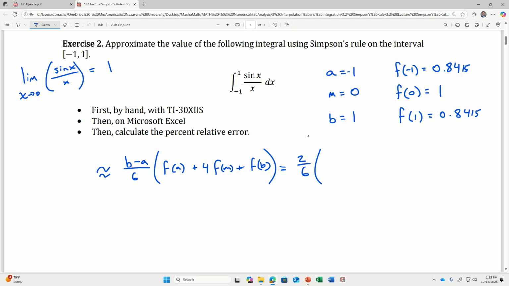And then that's going to be 0.8415 plus 4 times 1 plus 0.8415. So we take 0.8415 times 2 plus 4 and then divide by 3. 1.894.